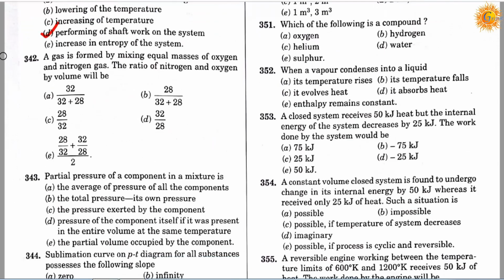Question number 342. A gas is formed by mixing equal masses of oxygen and nitrogen gas.